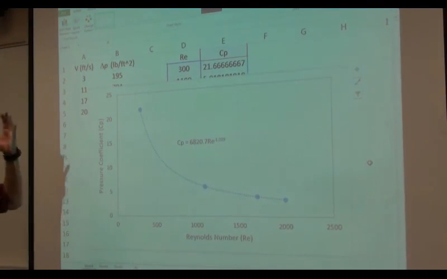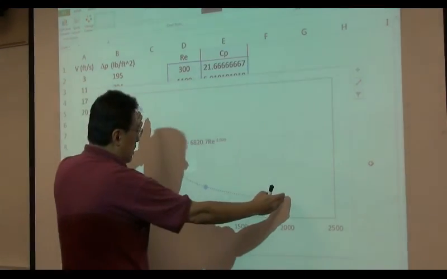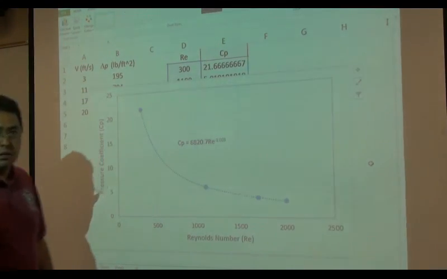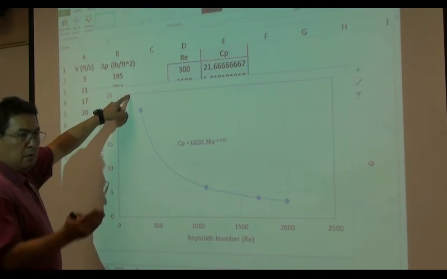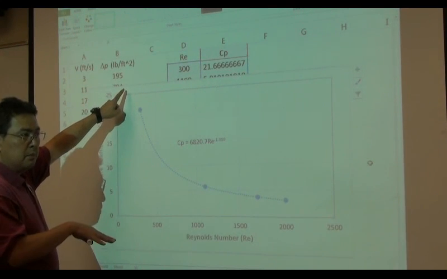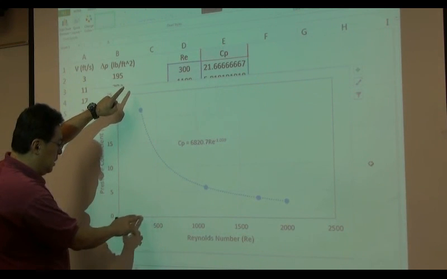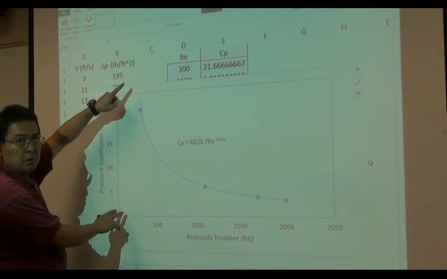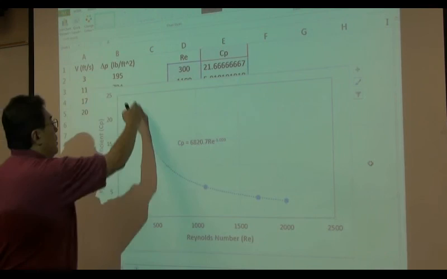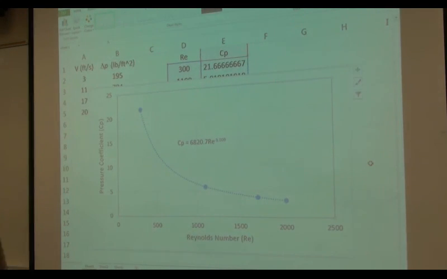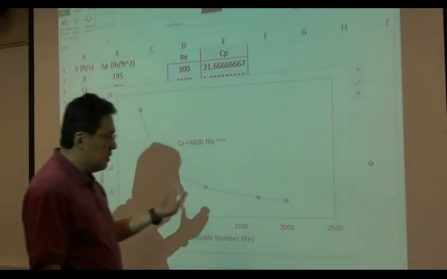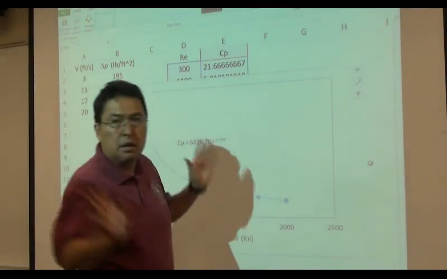It's outside of the data range from which we determined this equation. So if somebody said Reynolds number 20, you probably want to conduct another experiment which covers maybe another 2 or 3 data points in the low Reynolds number range. Then you can tell. Now if somebody says, what if the Reynolds number is 2,500, you have no clue.